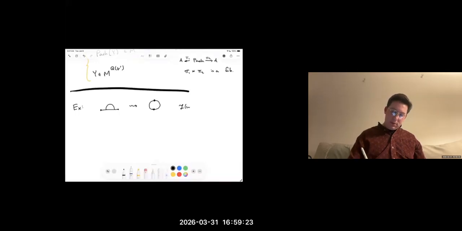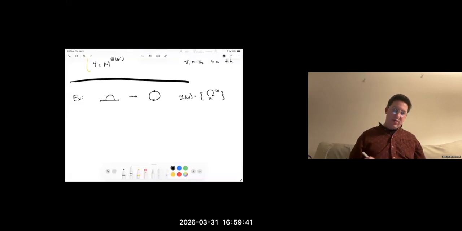So L of W is just a single object, say an object A, maybe a chain complex, and then a single homotopy equivalence. Another example is if I take, so this would be a cylinder, annulus. Another example is I take 2. This can be modified like this.